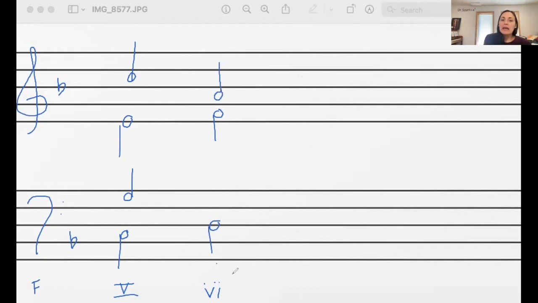And it's really nice if we can potentially double the root here, because it reinforces the actual deception, right? We're going to D instead of going to a regular F major chord. So it's nice if we can do that, but we can't always do that with our voicing. So in this situation, if we went to D in the middle voice, we'd have to come up here.